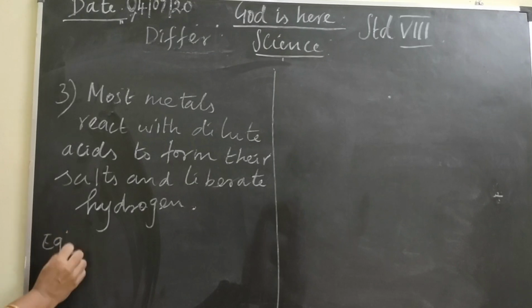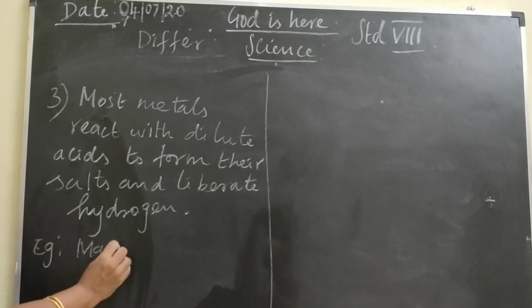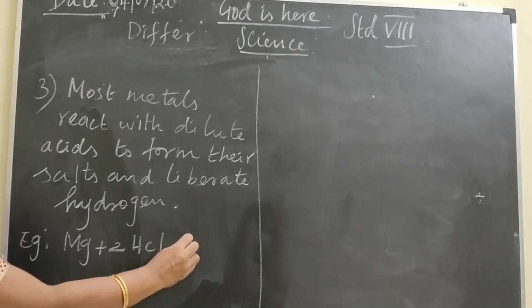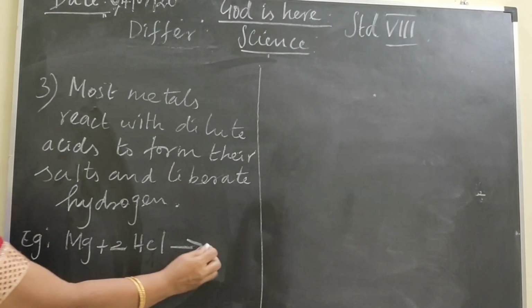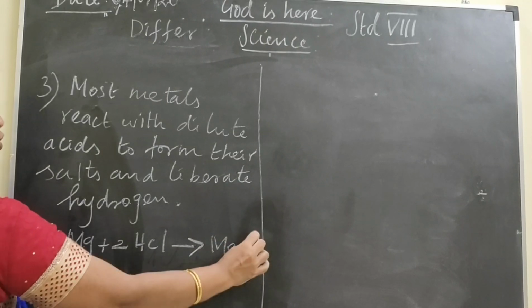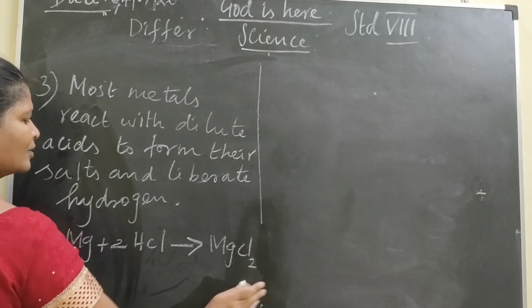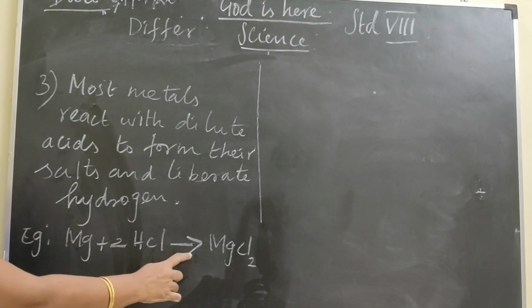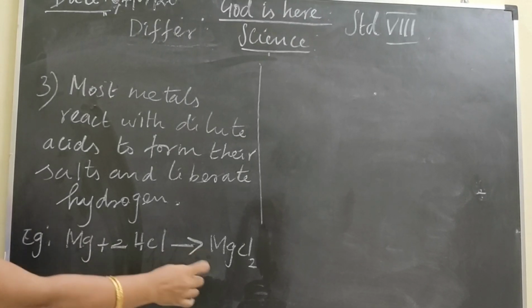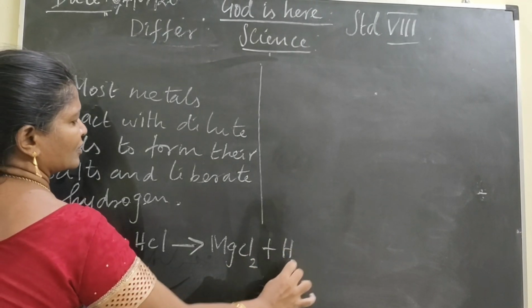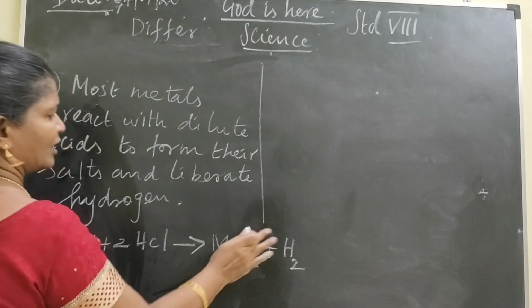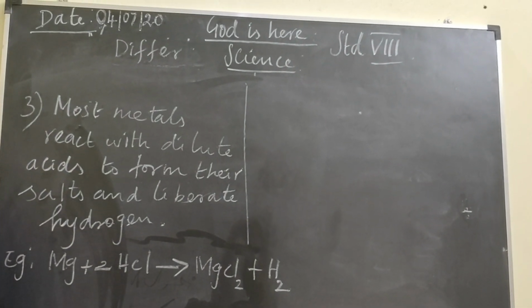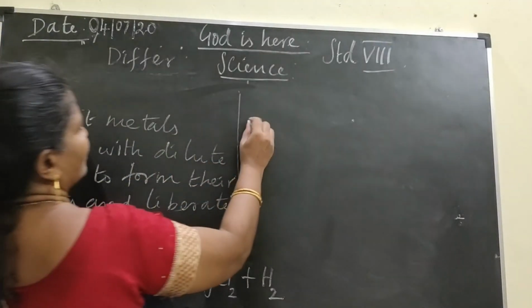Example, magnesium reacts with hydrochloric acid to form magnesium chloride and hydrogen. So the non-metals do not react with dilute acids.